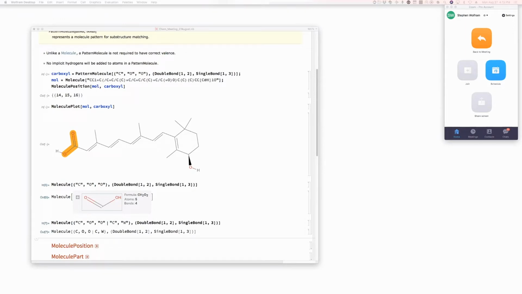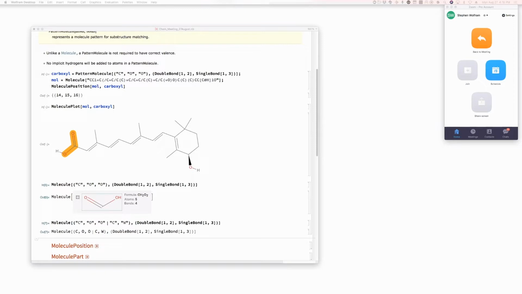But as you can see here, the carbonyl he is using is for a substructure, for a functional group. So it's not really a molecule, it's only part of a molecule. Right, and so it could be possible to use the molecule head to represent a molecule pattern.